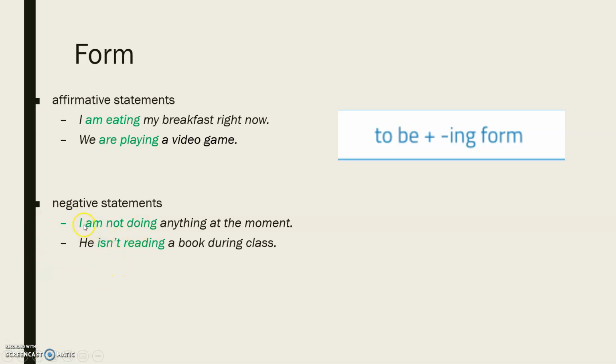You take, again, a subject, you add the correct form of to be, but then you've got a negative element, not, that can be the full form or a contracted form. I am not or he isn't. And then again, you've got the ing form. So summarizing that, to be plus not, full form or contracted form, and then the ing form.